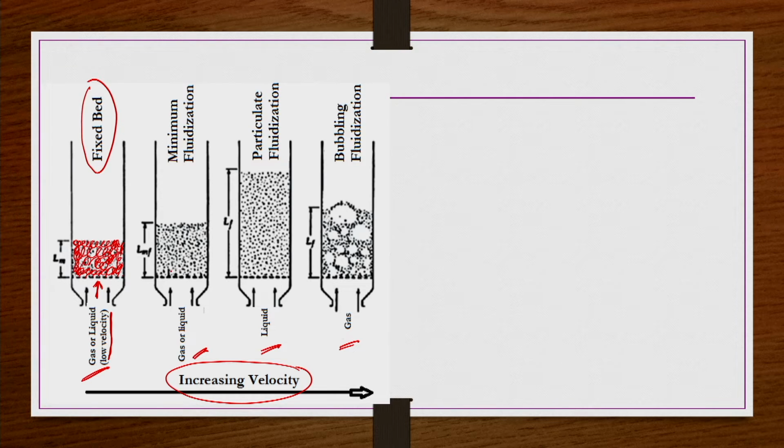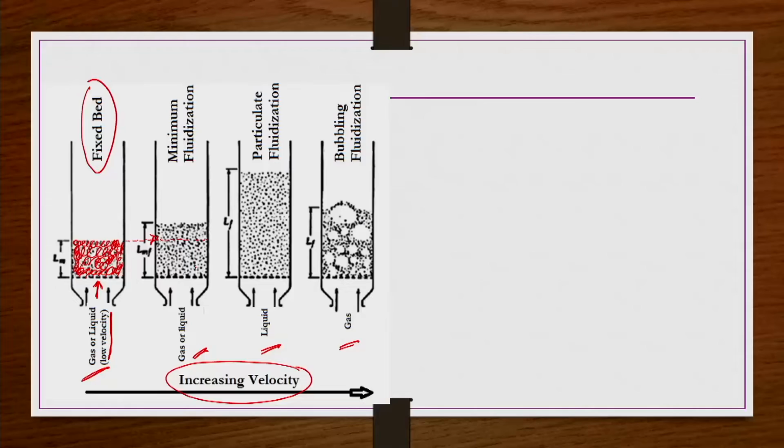Now we can see the height of the bed has increased. Initially it was up to this point, right. Now it is expanded because the particles are moving apart, the packing is becoming loose, and the voidage is increasing here.